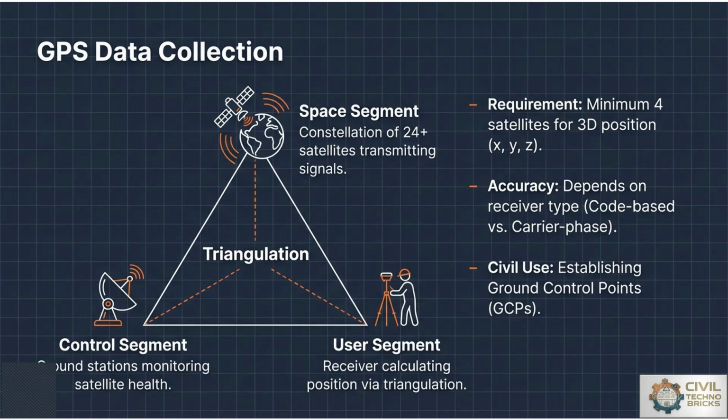It enables determination of latitude, longitude, elevation, and timing information, which is necessary for topographic mapping and construction activities. In civil engineering, high accuracy GPS is widely used for establishing ground control points, road alignment surveys, dam monitoring, and GIS-based infrastructure development.